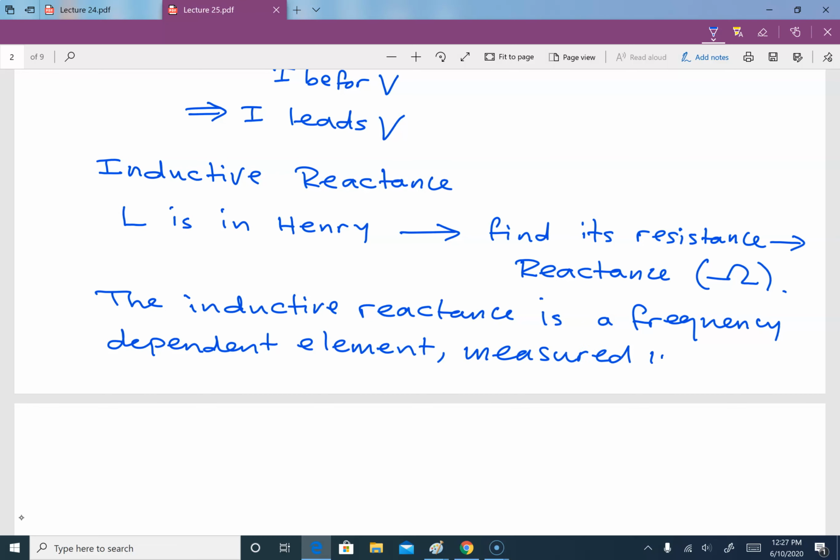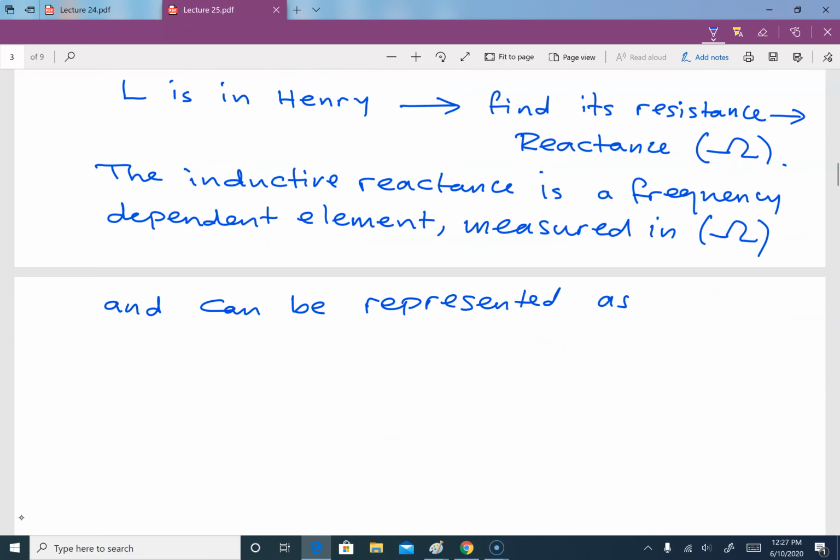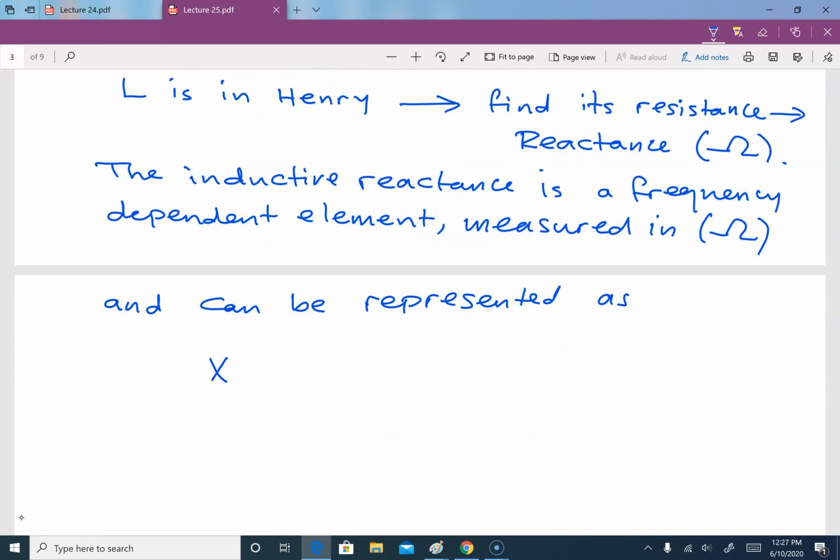measured in ohm and can be represented as X sub L is equal to Vm over Im.